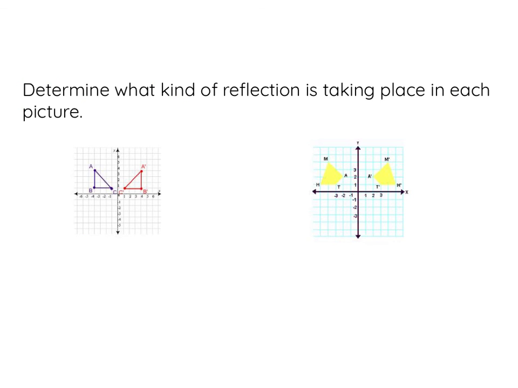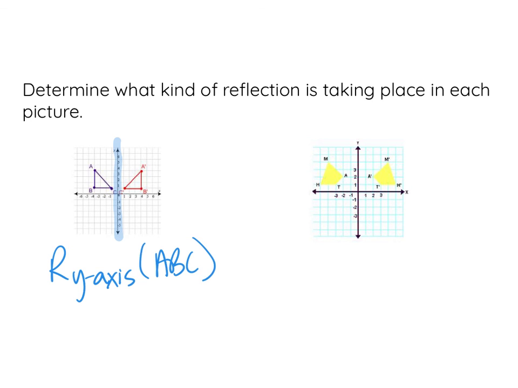Last one here, we're just going to write, is this a reflection across the x-axis or the y-axis? So if I look at this, it looks like I'm flipping over this line. So I would just write R, capital R, for reflection, and then y-axis. And then the shape ABC, because that's what I'm reflecting.